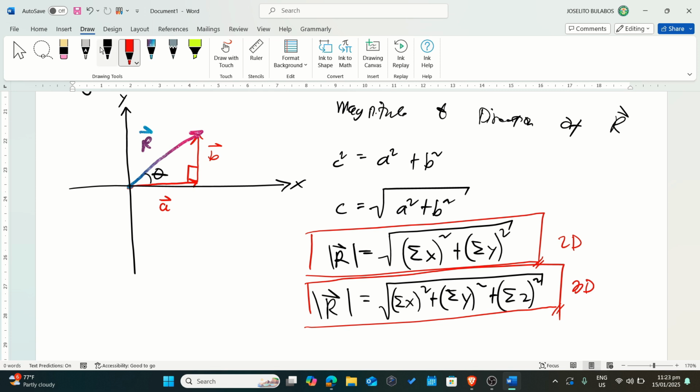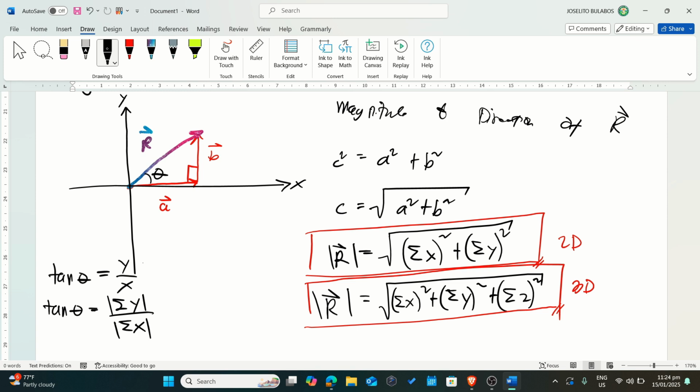On the other hand, in finding the direction of the resultant vector, we have to use tangent of angle equals y over x. But since we expect adding multiple vectors, this will become tangent of angle equals summation of y over summation of x.